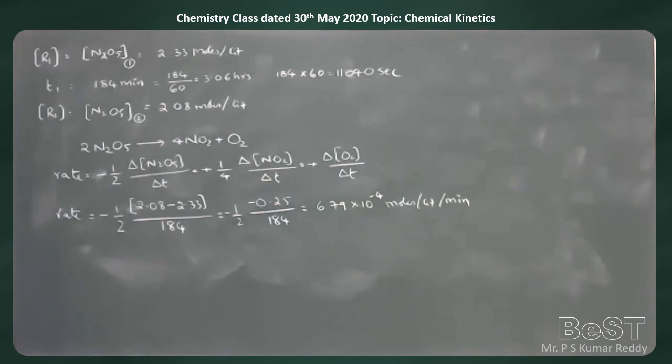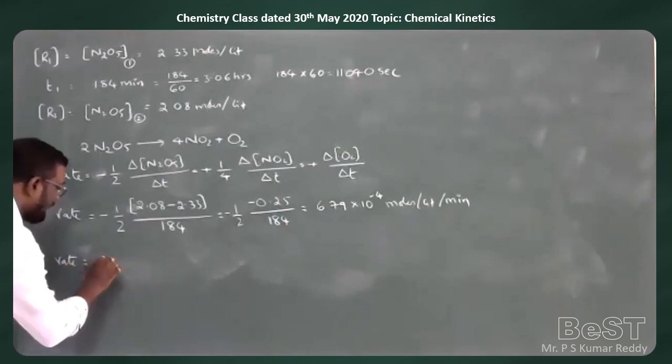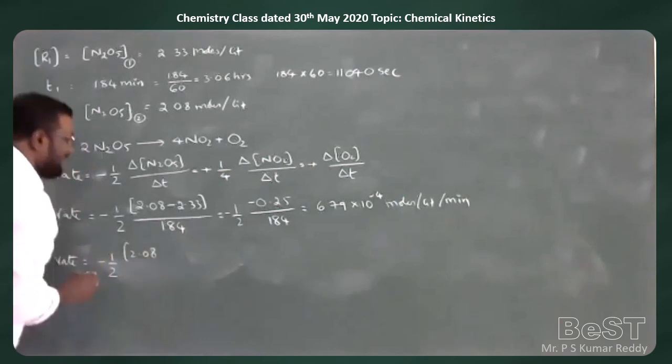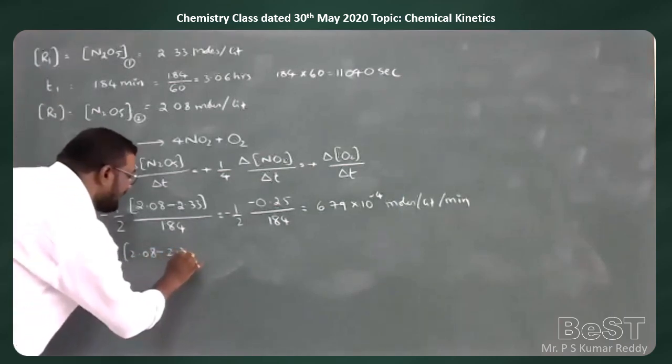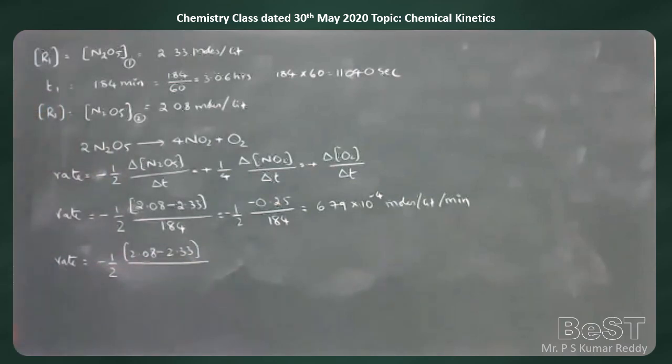Next, same thing. Rate is equal to minus half into final concentration 2.08 minus initial concentration 2.33, by 3.06 hours, since here we are calculating the rate of reaction with reference to hours.